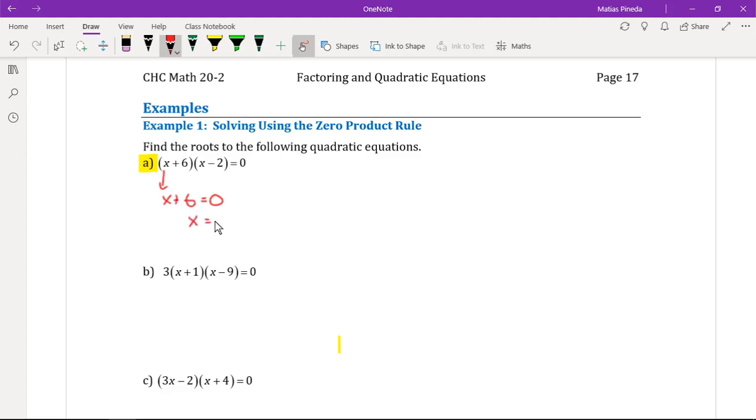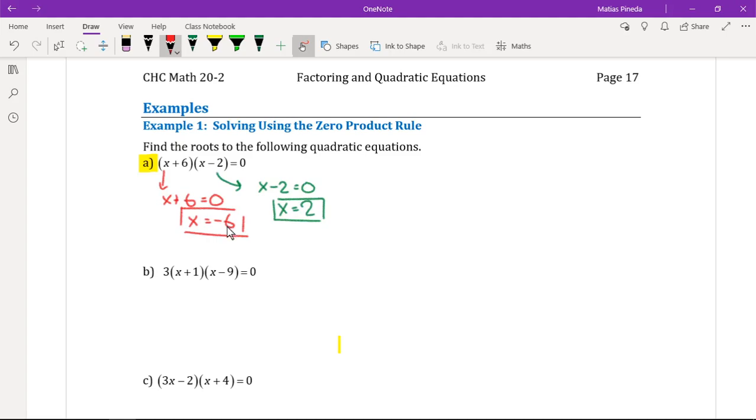So x equals -6, that's one of our roots. Then we pull out the second binomial, set it to 0, and solve it for x by adding 2 to both sides. Our second root is +2. So we have two possible roots here: x is -6 and x is +2.